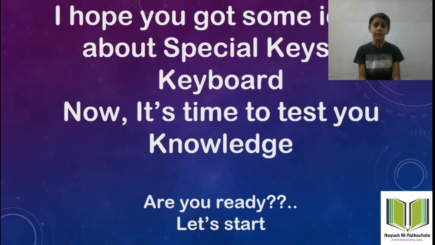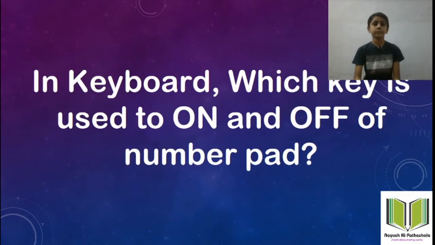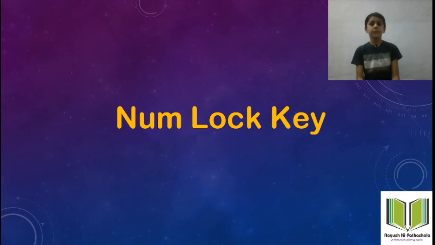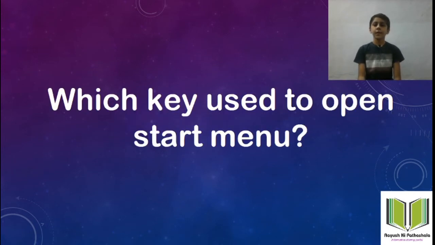I hope you got some ideas about special keys in keyboard. Now it's time to test your knowledge. Are you ready? Let's start. In keyboard, which key is used to turn on and off the number pad? 3, 2, 1, go. Num lock key. Which key is used to open start menu? 3, 2, 1, go.